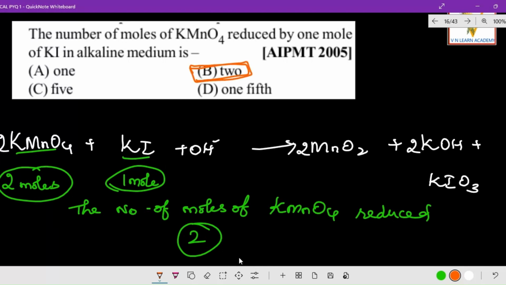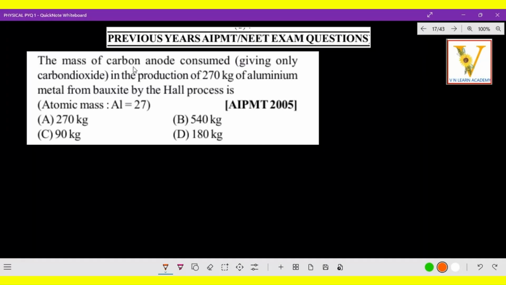Yes, come on, let us go to the next question. Mass of carbon anode consumed, giving only carbon dioxide, in the production of 270 kg of aluminium metal from bauxite by the whole process. What is the correct option? Let us discuss.